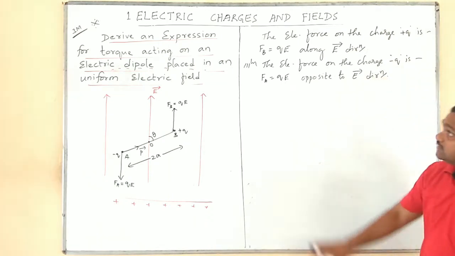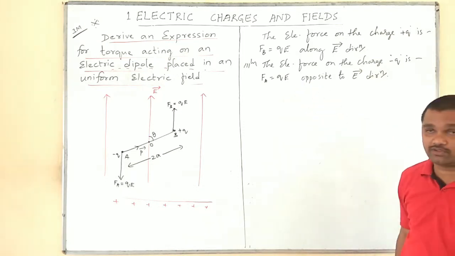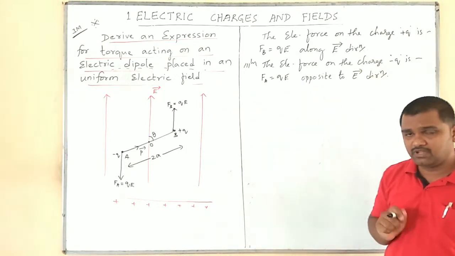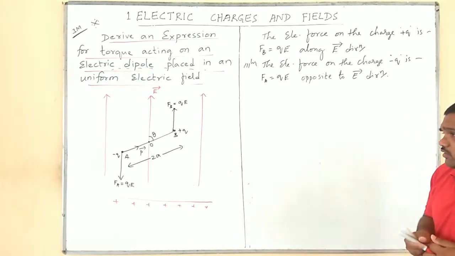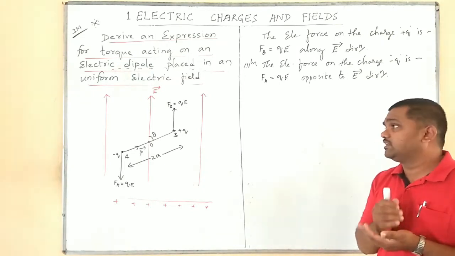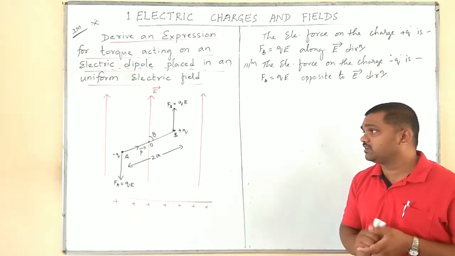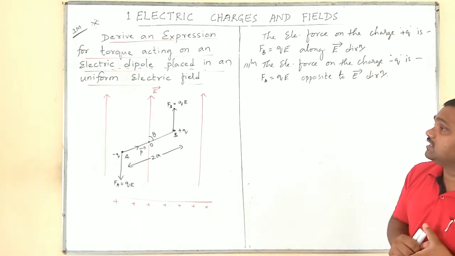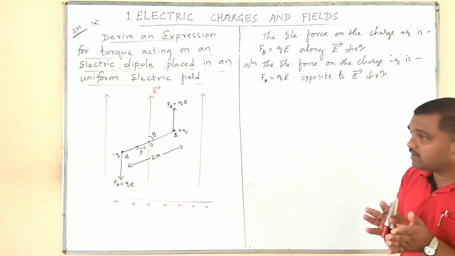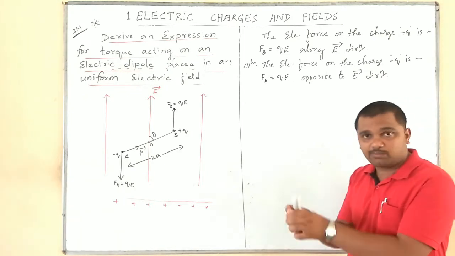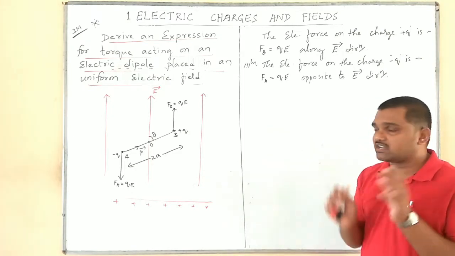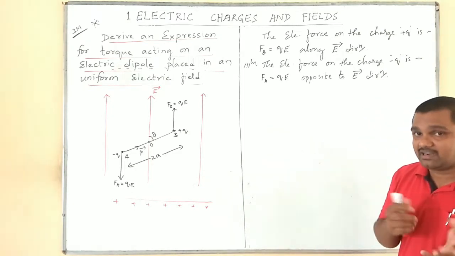Now, these two equal and opposite forces are acting simultaneously on this electric dipole. According to our class 11 chapter on rotational motion, the system of particles, whenever a pair of equal and opposite forces acts on a body, the body will turn. It forms a couple, and due to that couple the body experiences a torque.